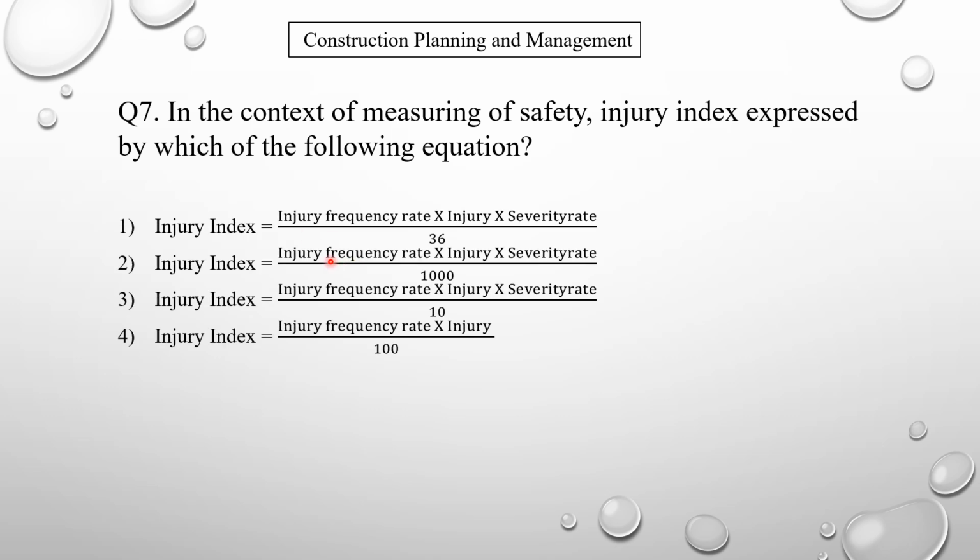In the first three options the numerator is the same but the denominator is changed. For injury index the denominator is always 1000 and the numerator is injury frequency rate into injury severity rate. So this is the formula for injury index. The correct answer is option number 2.